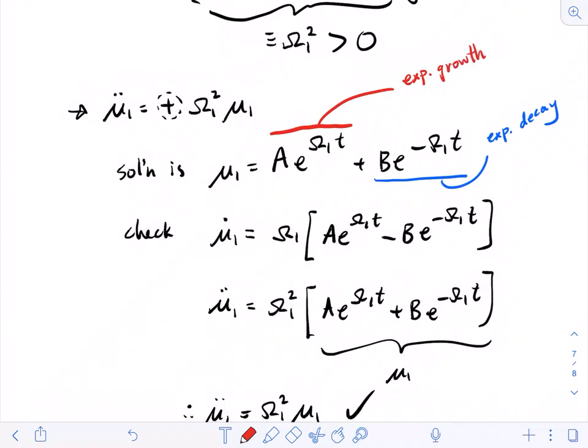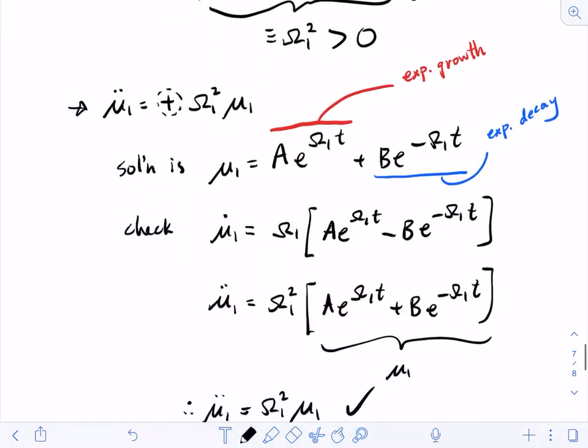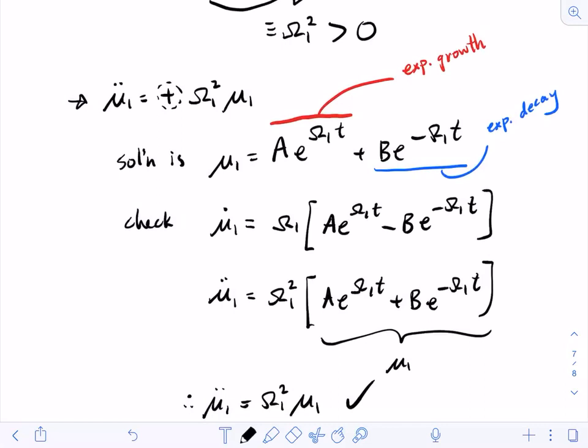So if omega 1 is positive, then we have this mu1 with a term that just grows very rapidly with time. Again, if you did this analysis and solved not for mu1 but solved for mu3, you would get exactly the same type of solution. The omega 3 in the exponential would be exactly equal to the omega 1 that we calculated in this case.